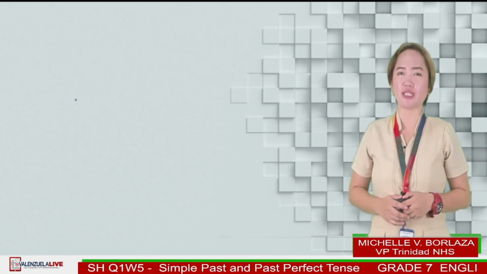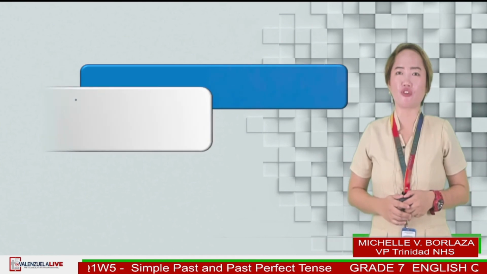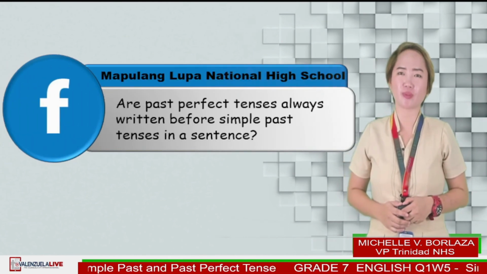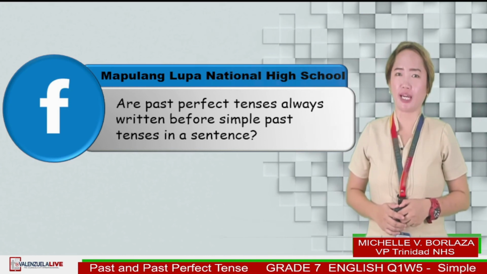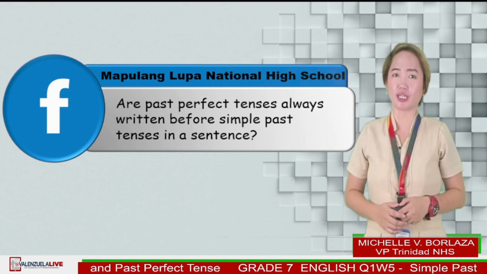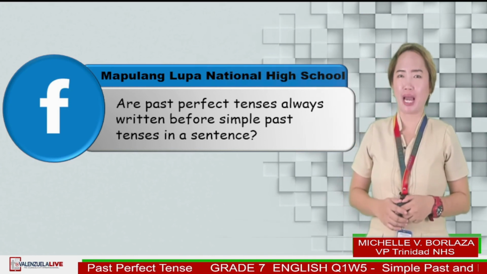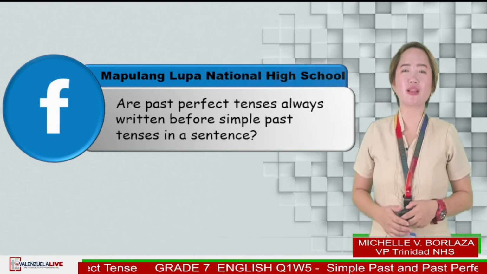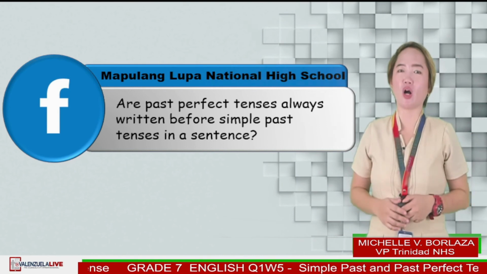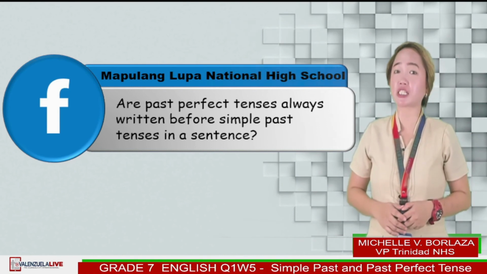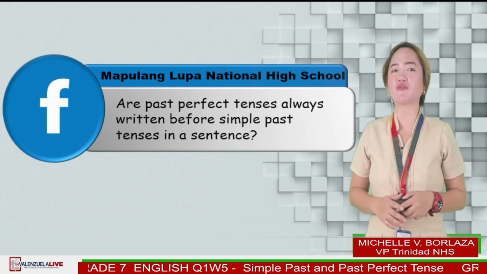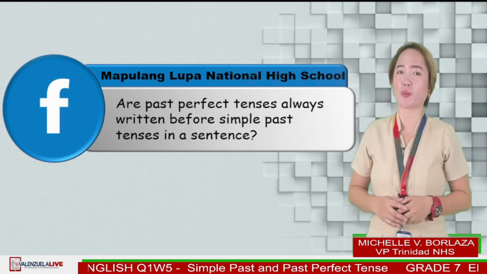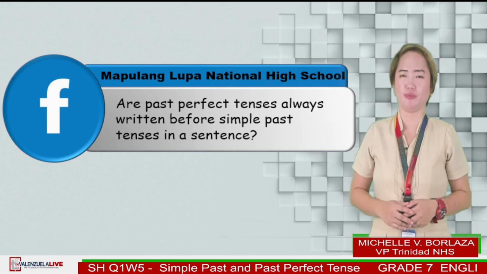Let's now have the second question from Mapulang Lupa National High School. Does past perfect tense always come before simple past tense in a sentence? Well, not necessarily. You may also write the verb in the past perfect tense after a verb in the simple past tense, and you just use the appropriate time expression.